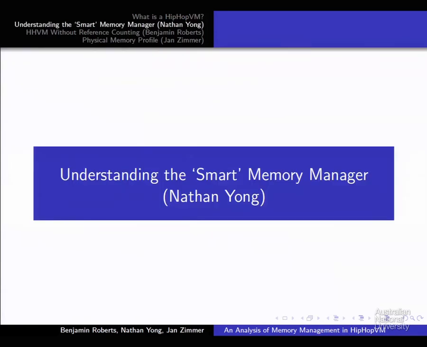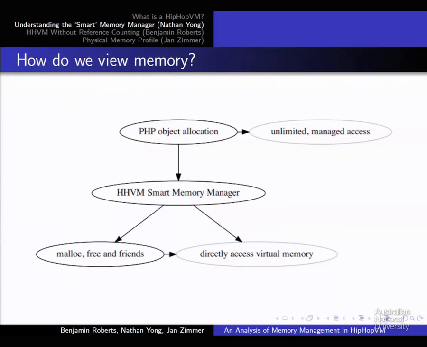Right, so I'll be giving an overview of basically what HipHopVM does with its memory. HipHopVM itself has its own memory management facilities that are used internally inside the program, in addition to the low-level system calls.